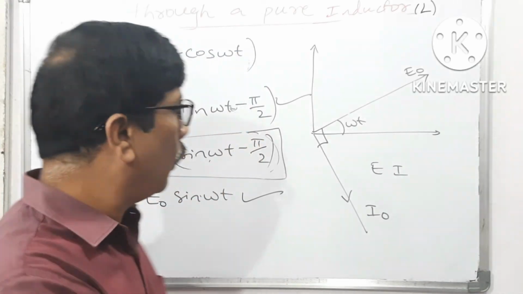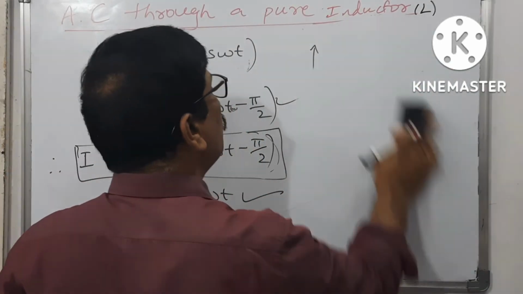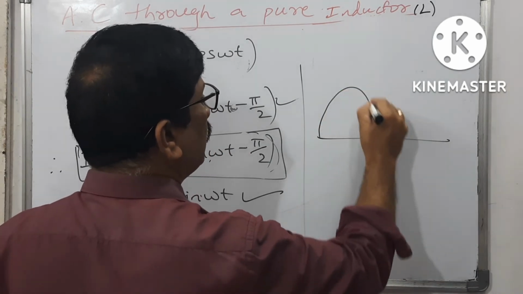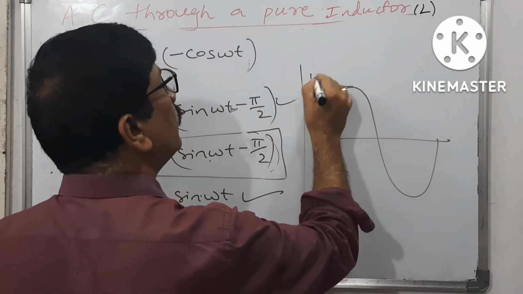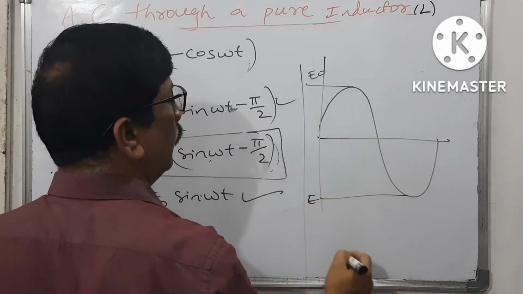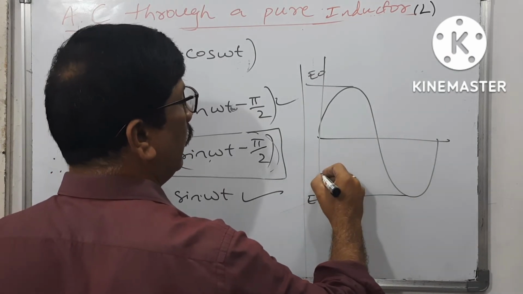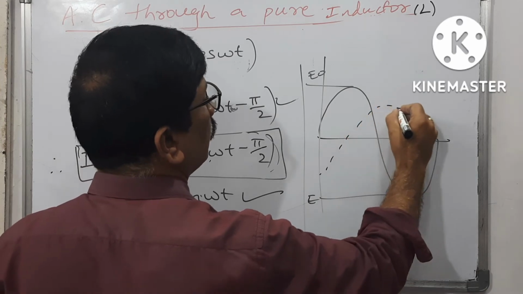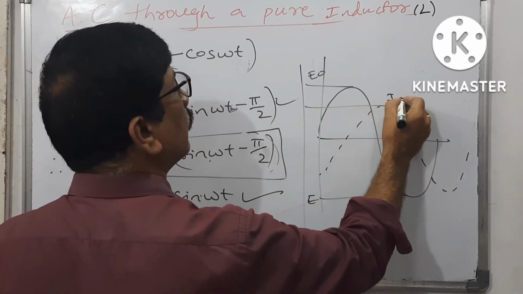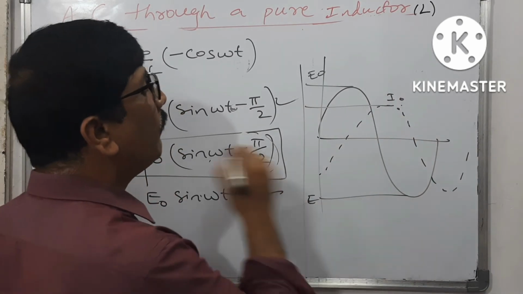But how can you show this with the sine wave? If this is the electromotive force E naught, and this is minus E naught, then the current will be like this. This is I naught. What is the meaning of this?